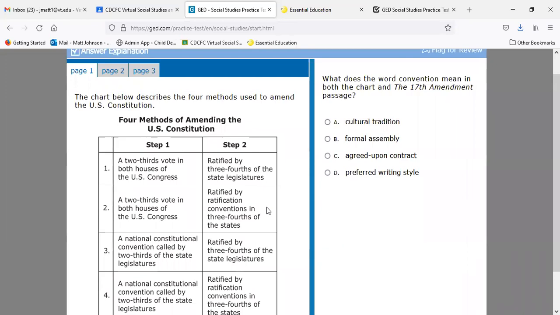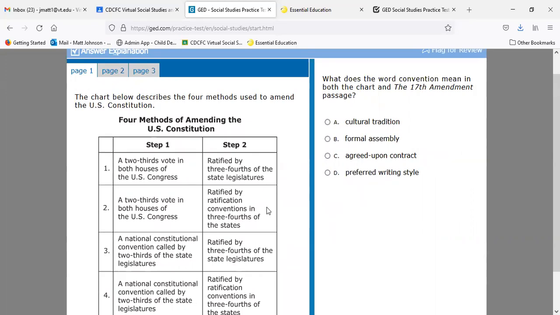So Levon, are you available here to answer the next question for us? Let's say, what does the word convention mean in both the chart and the 17th Amendment passage?